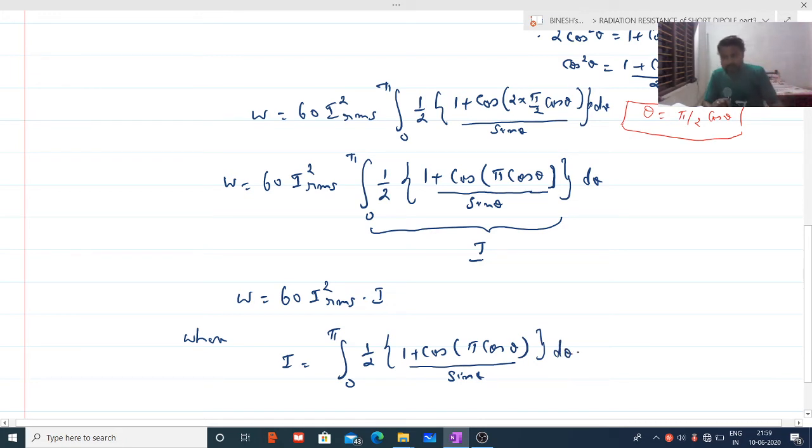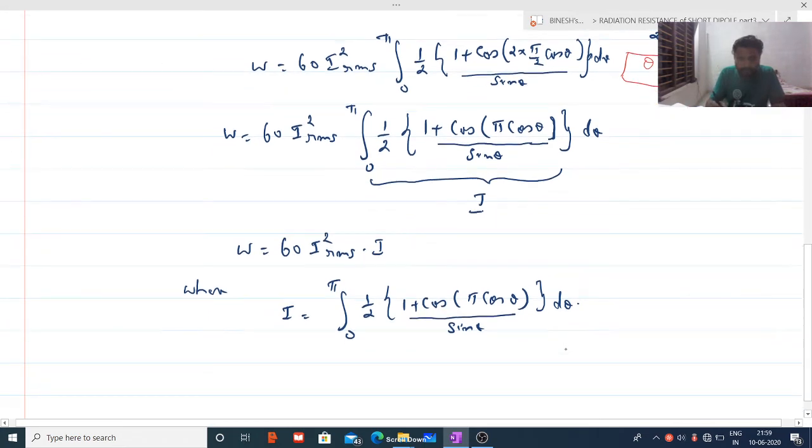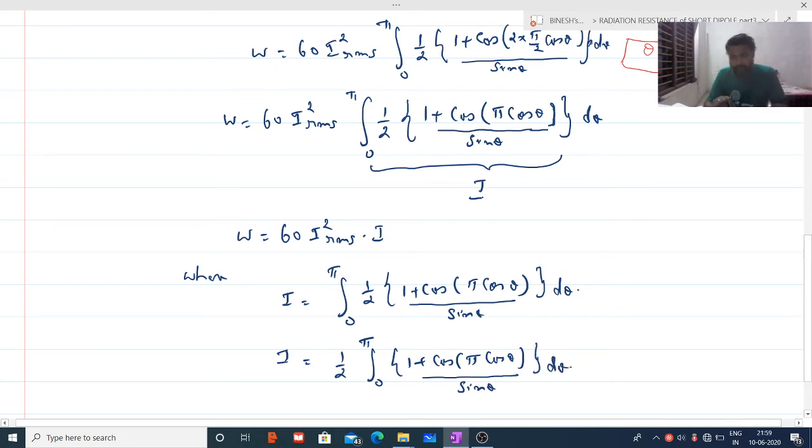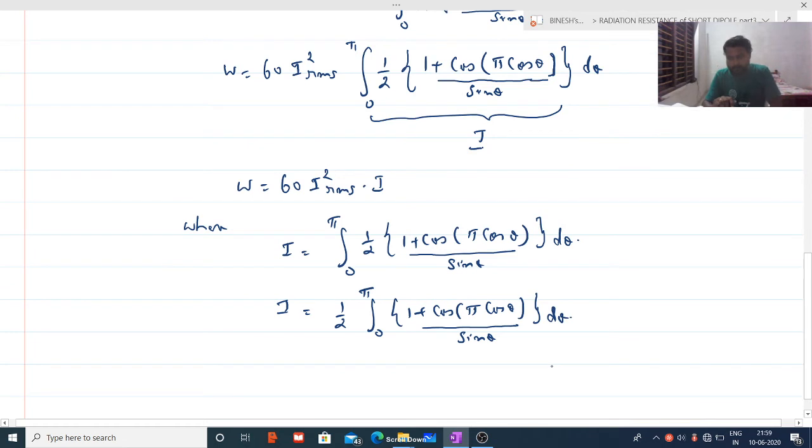This is the equation for I. This is an integral of a special type.